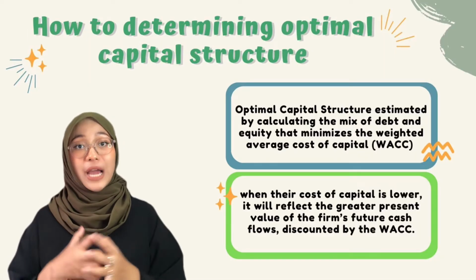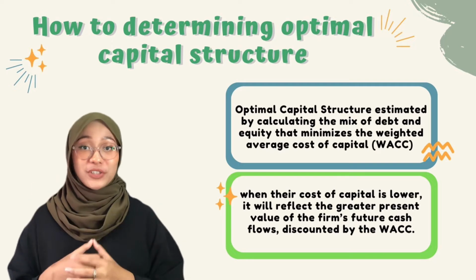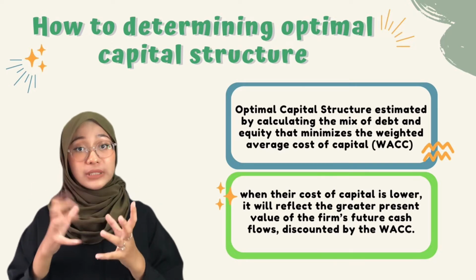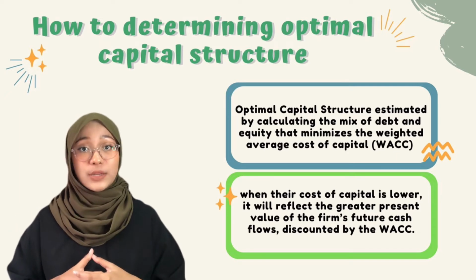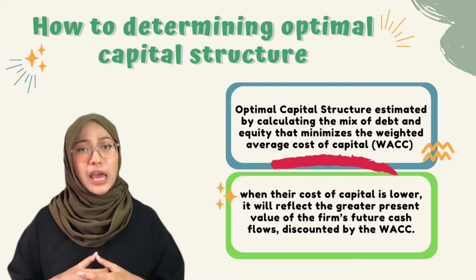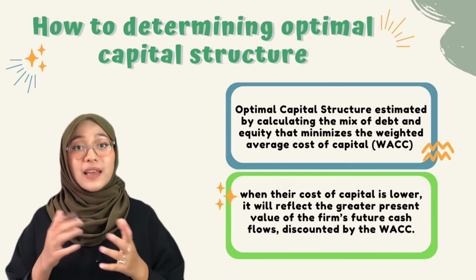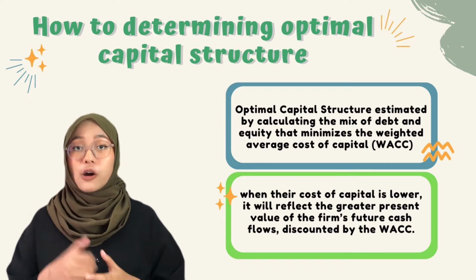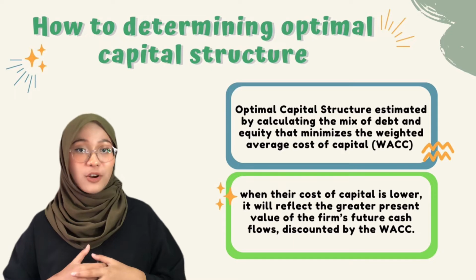We go through how to determine optimal capital structure. Optimal capital structure is estimated by calculating the mix of debt and equity that minimizes the weighted average cost of capital, which is WACC. In order to determine the optimal capital structure, the firm needs to find a lower or minimal WACC, which will provide an appropriate conclusion.